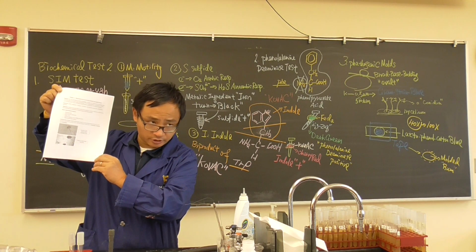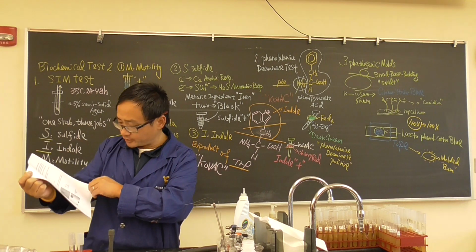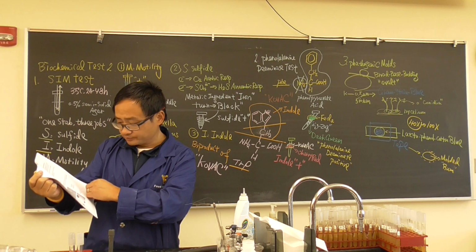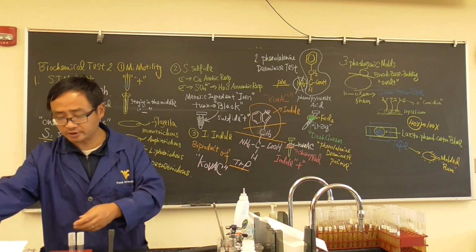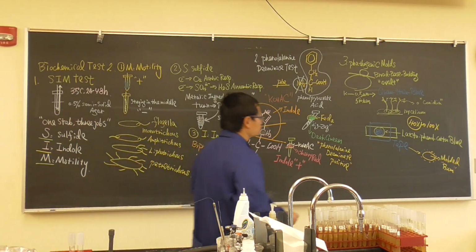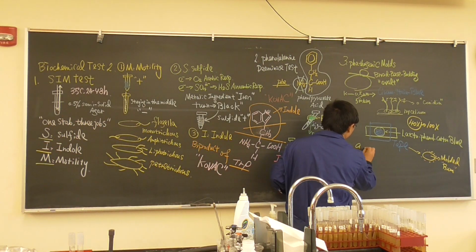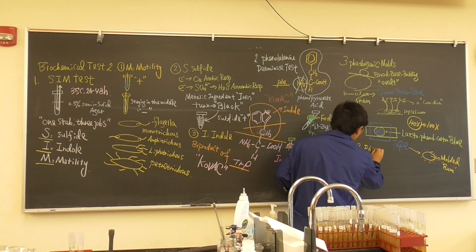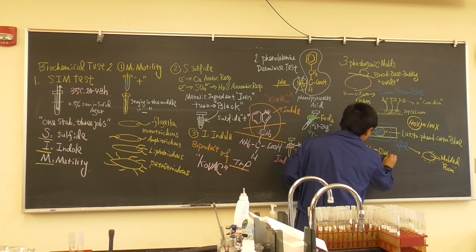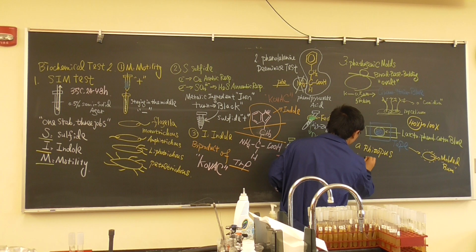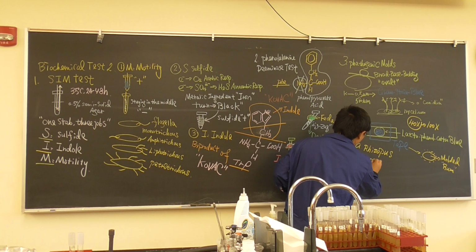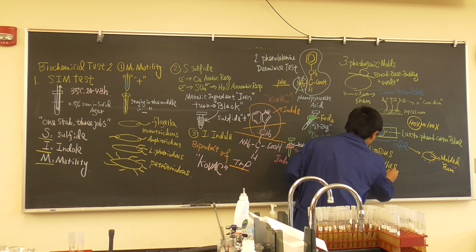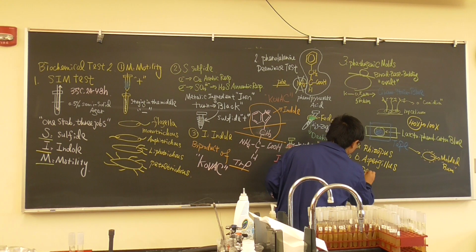On the first page, we are trying to find whether you can see those three typical pathogenic molds, which are number 1, Rhizopus, number 2, Aspergillus, and number 3, Penicillium.